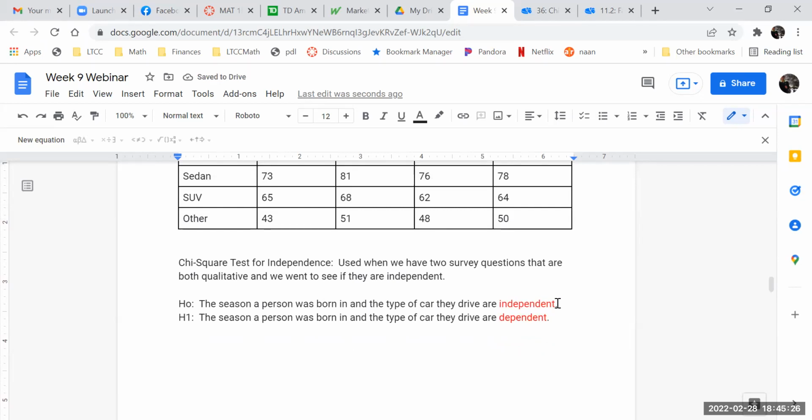Notice I highlighted independent in red, because that word has to be there in your H0 when you're doing this test. And H1 is exactly the same as H0, except the last word, which is dependent. So the season a person was born in and the type of car they drive are dependent.